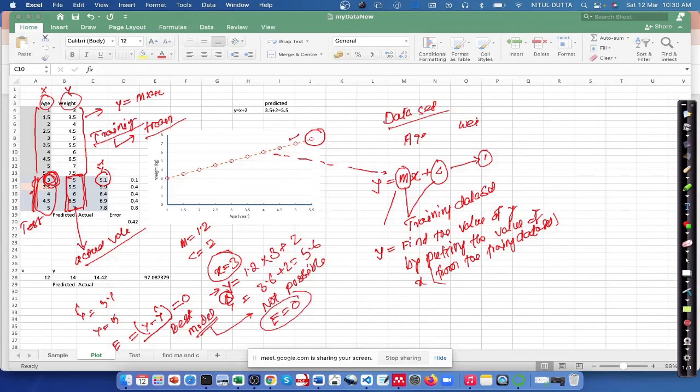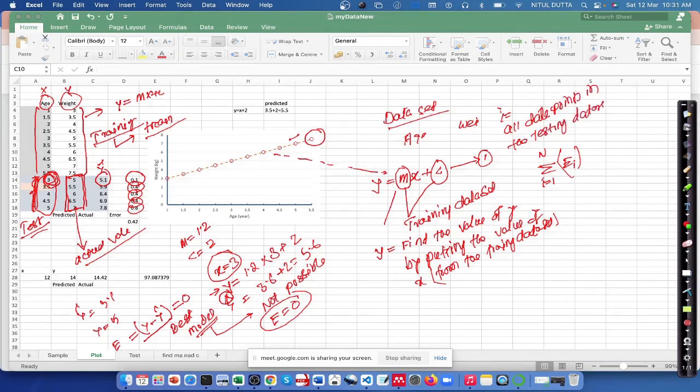And for every data point in the testing data set, we compute this error like this. And then we sum up all the errors from i equals 1 to n of e_i, where i belongs to all the data points in the testing data set.